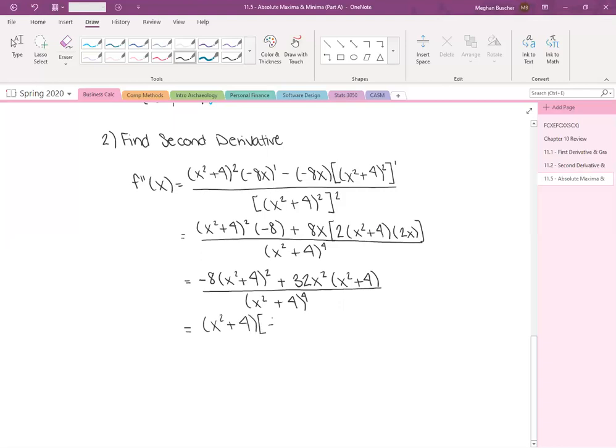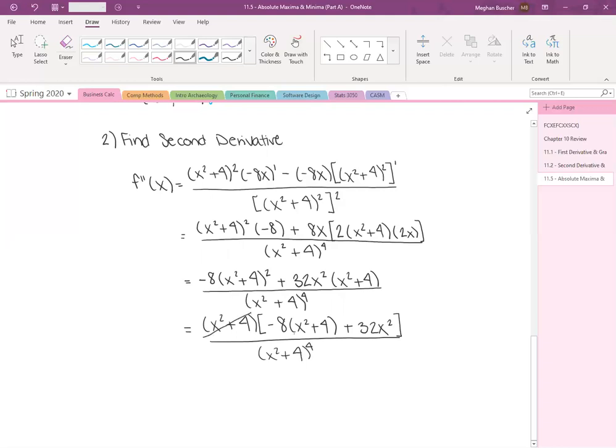And then we're left with 1 x squared plus 4 here. So we're going to have negative 8 times x squared plus 4, and then plus just 32x squared, and then still divided by x squared plus 4 to the 4th.